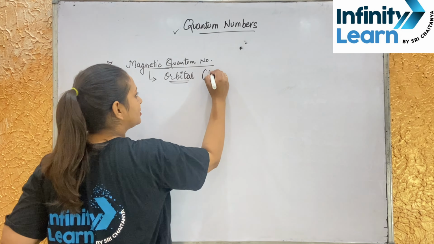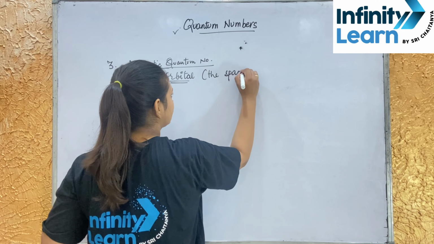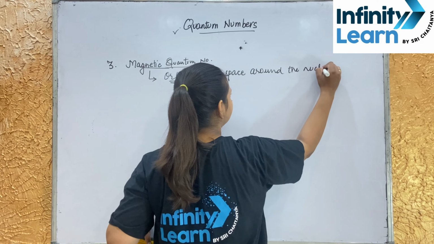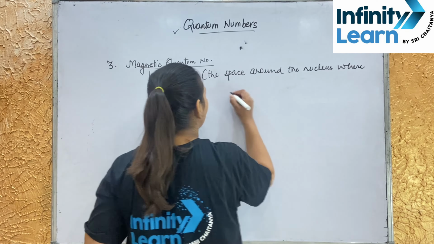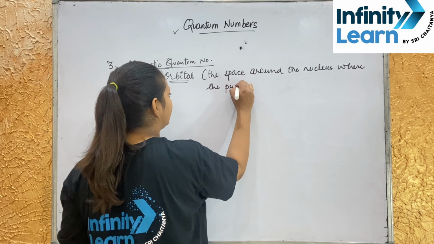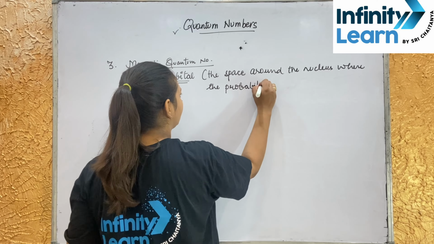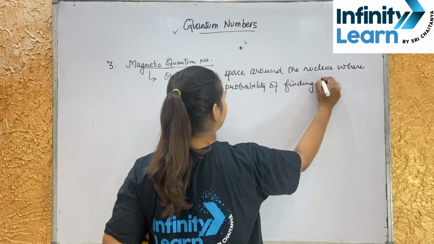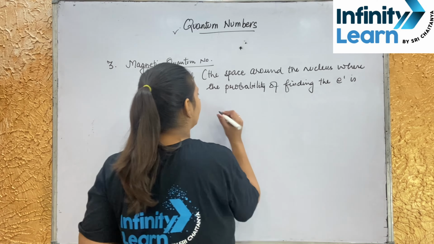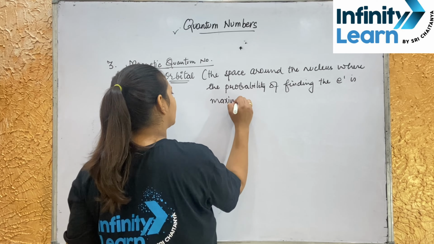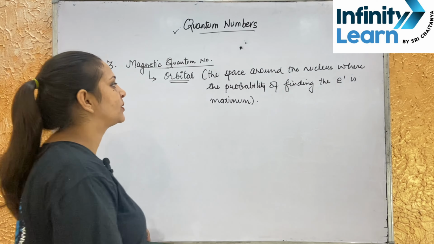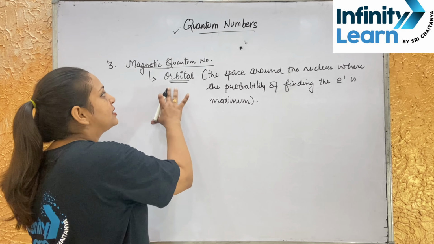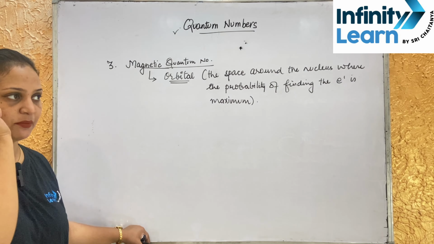Orbital means the space around the nucleus where the probability of finding the electron is maximum. That orbital is described by the magnetic quantum number.